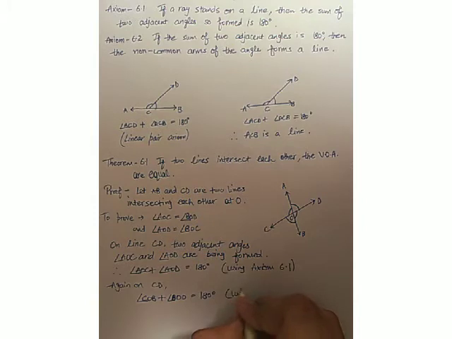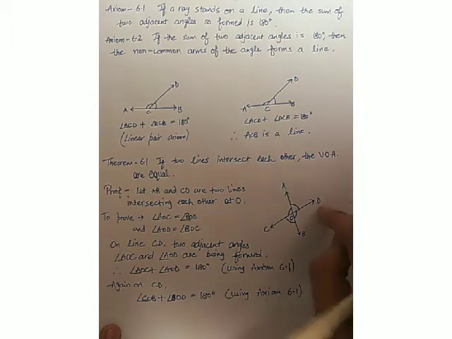Why? Again using axiom 6.1. Because in axiom 6.1 we have studied that if angles form a linear pair, then of course they sum to 180 degrees.